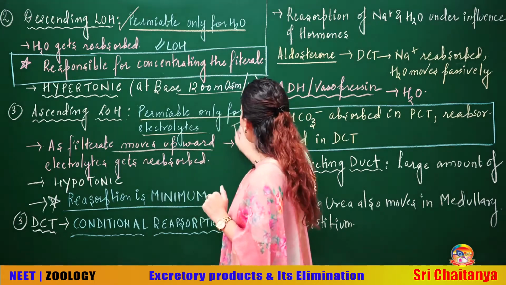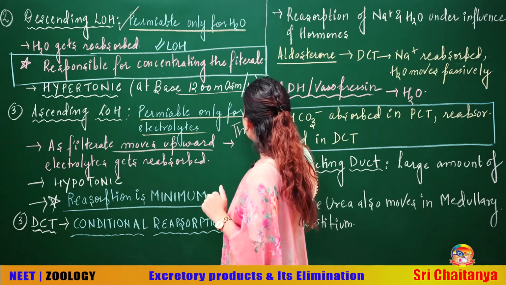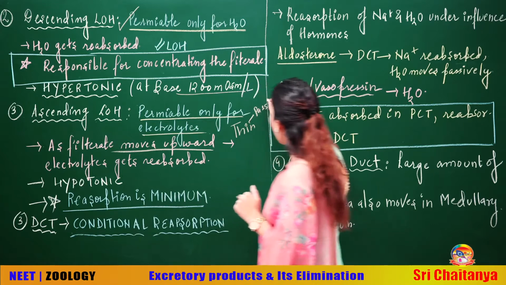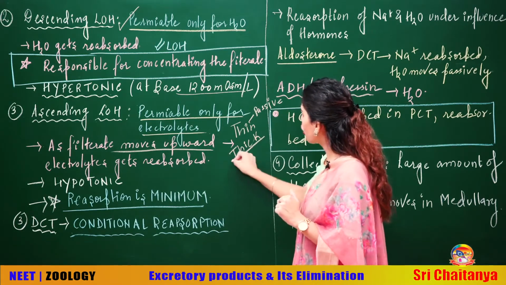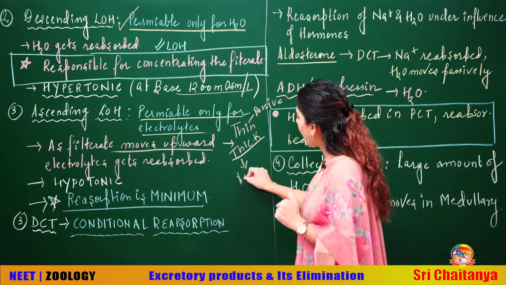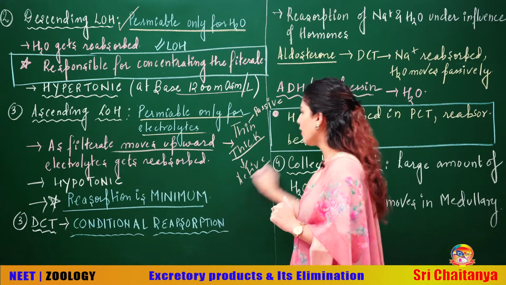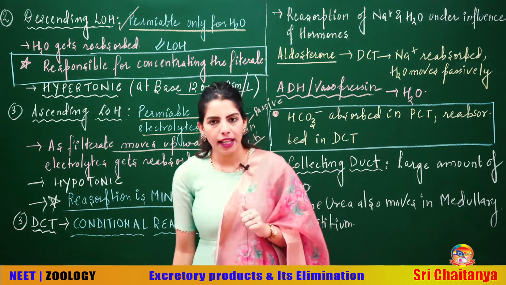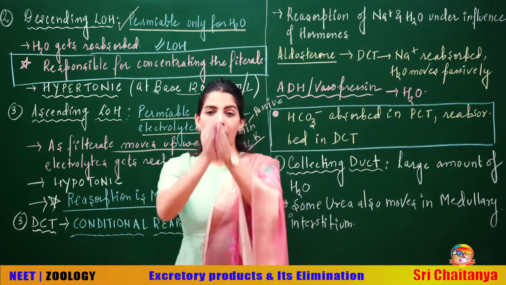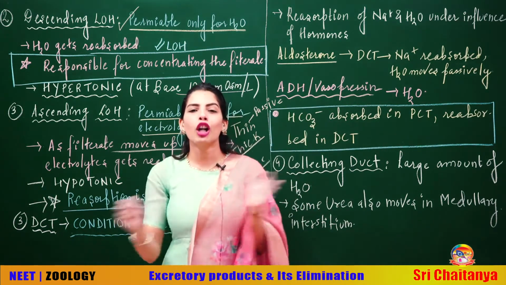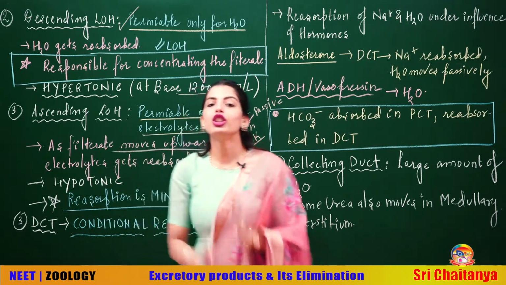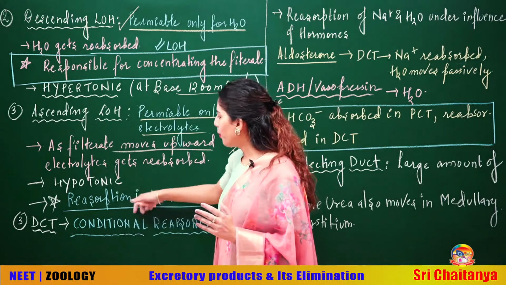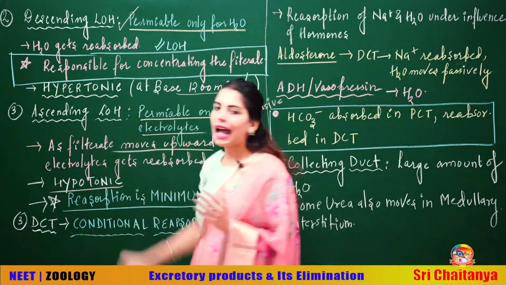In the thin region, you see passive reabsorption, whereas in the thick portion, you see the sodium potassium active pump, so there is active reabsorption. Once you are moving up and reabsorbing all the electrolytes, the filtrate is becoming hypotonic. So here hypotonic and here hypertonic.